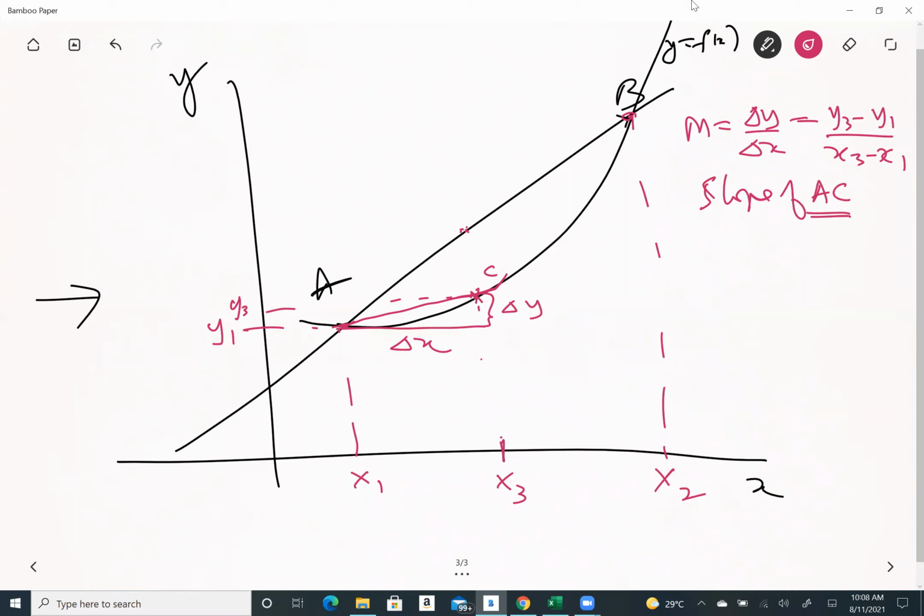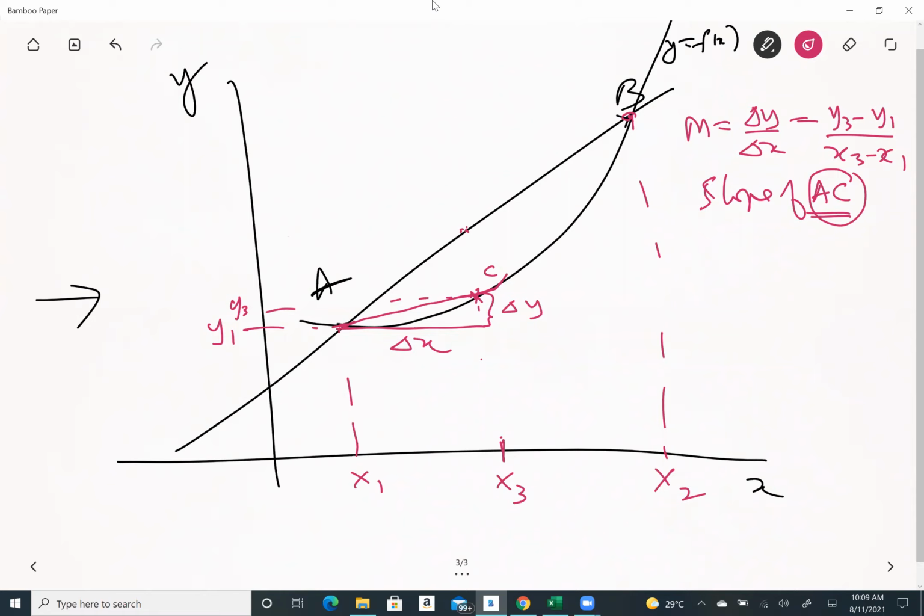Now what happened here? What can you say about the slope of the straight line AC and the slope of the straight line AB relative to the curve? What can you see? If you look at the straight lines, which one is steeper, AB or AC? AB is steeper.